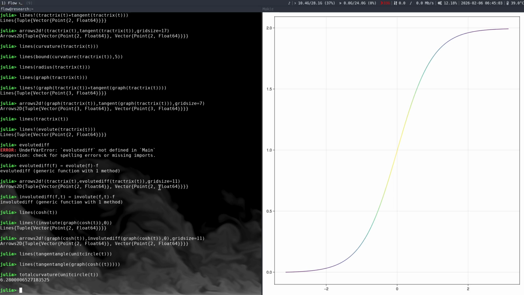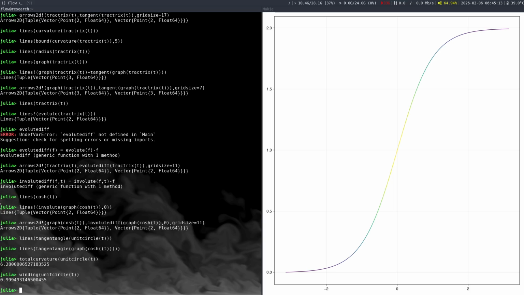But similarly, you can calculate the winding number. Approximately 1. And some of the other interesting functions are the ability to make a plane curve from a curvature.